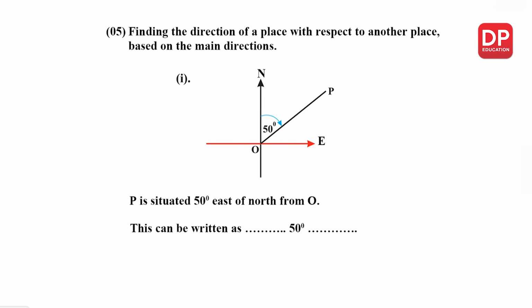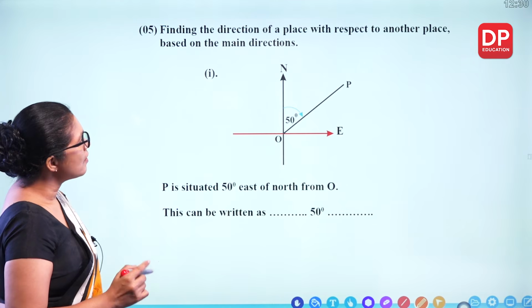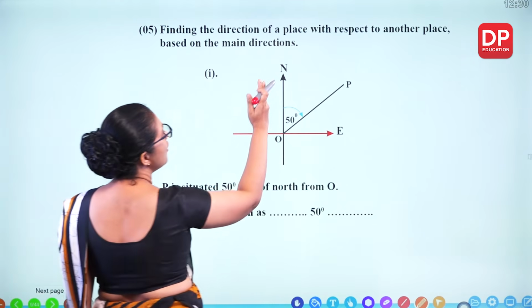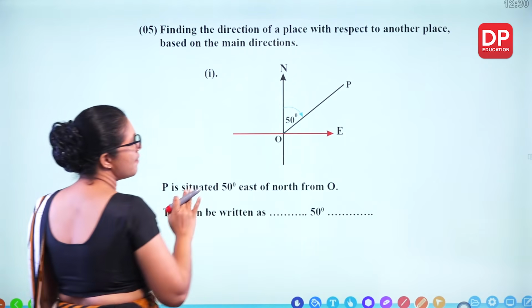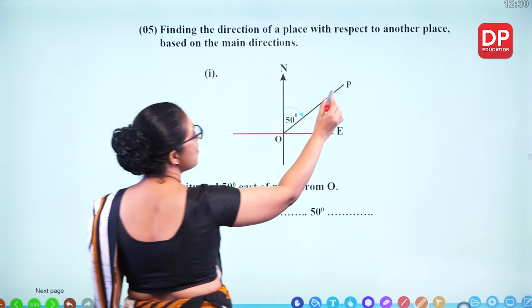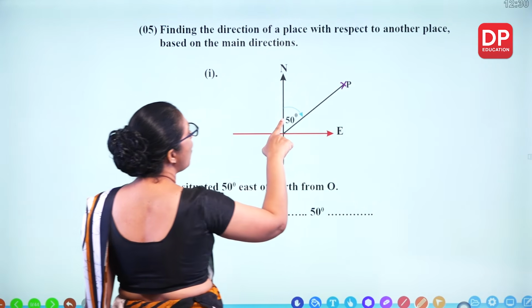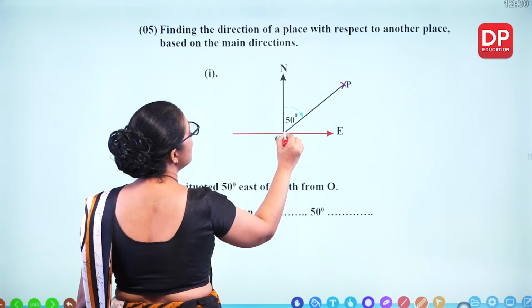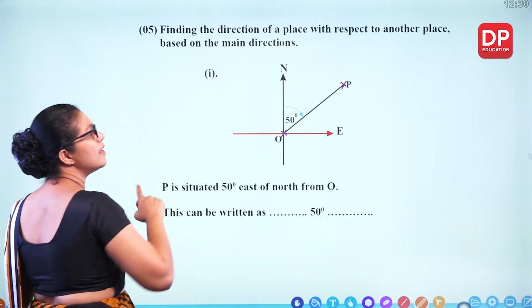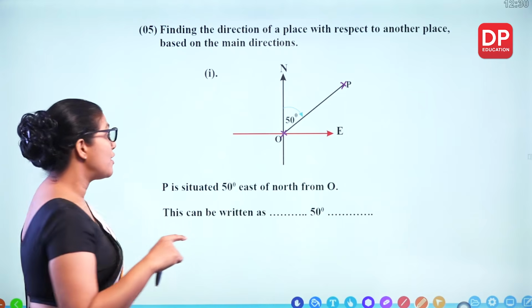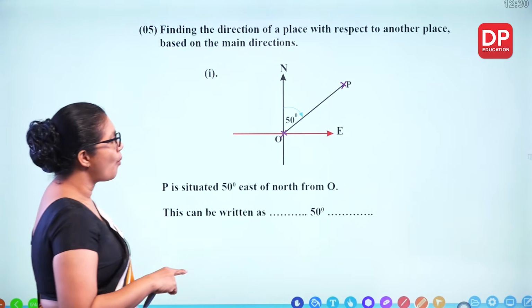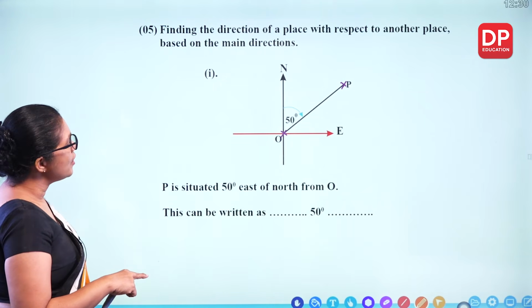Finding the direction of a place with respect to another place based on the main directions. So look at the diagram. North 50 degrees is given and P is the point. So we are always here finding the location of P with respect to the origin O. So how can you write?